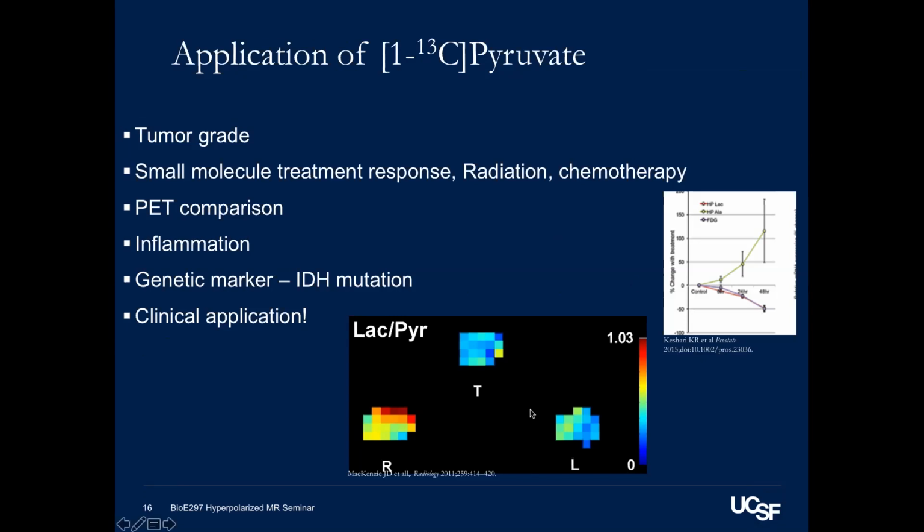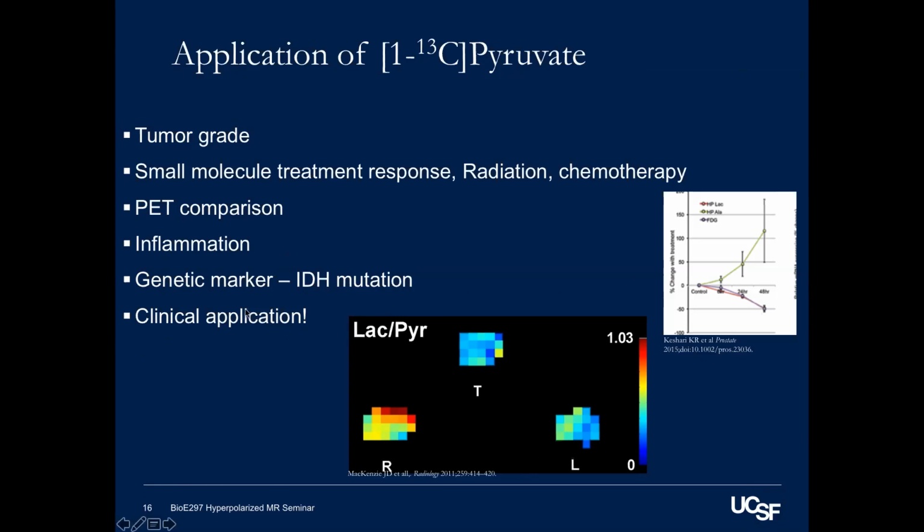This has been applied to look at inflammation. I think there are like 5 very key publications in this field. Genetic markers of IDH mutation: the Renuka lab has done a lot of work on looking at very specific readouts of gene-based mutations for brain tumors.